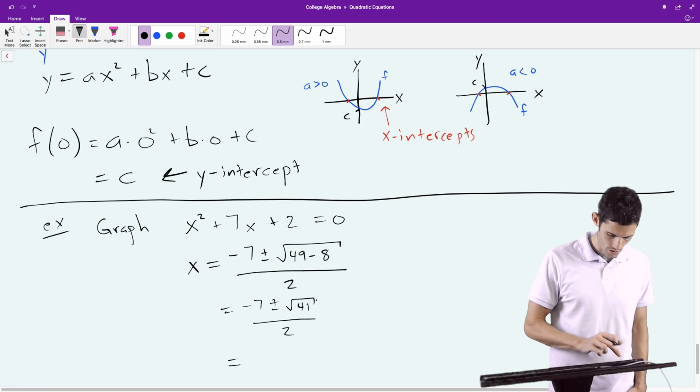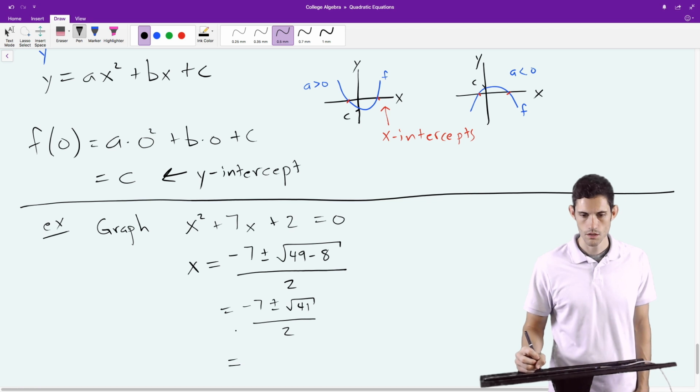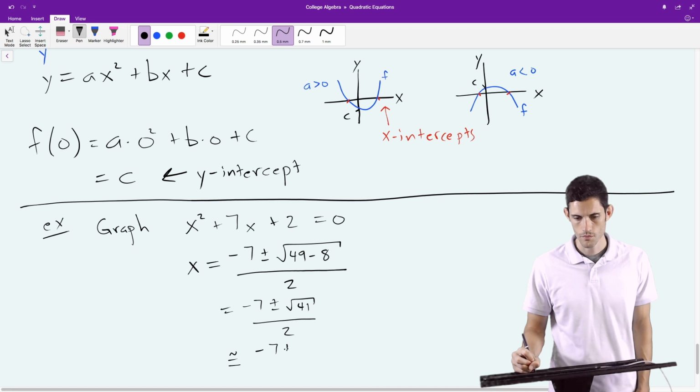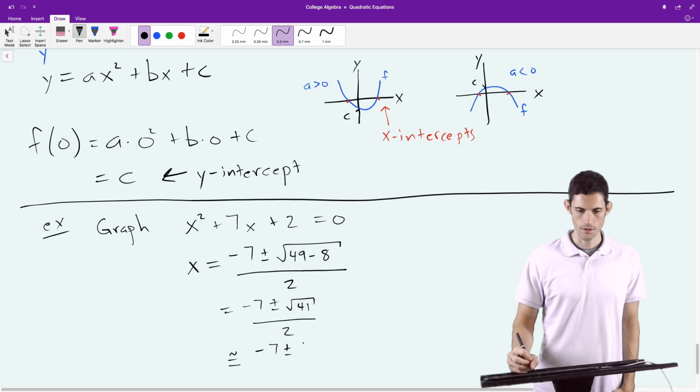So the square root of 41 is, so I'm going to put a little tilde here because I'm estimating now. And I'm only estimating because I want to draw a graph.